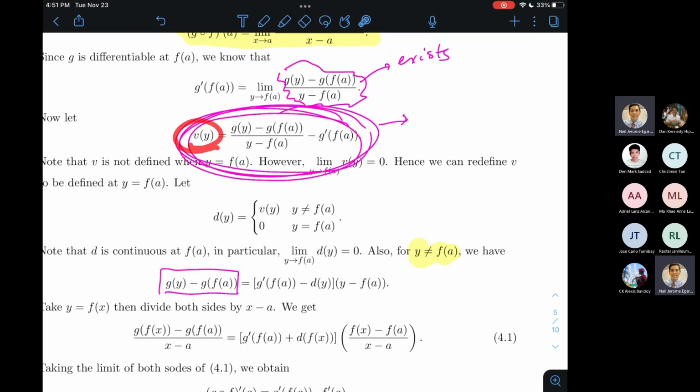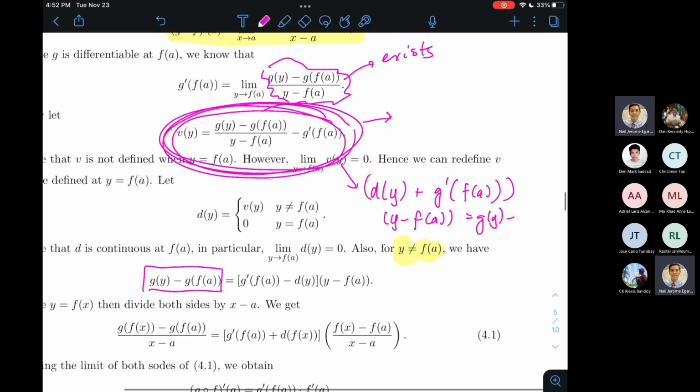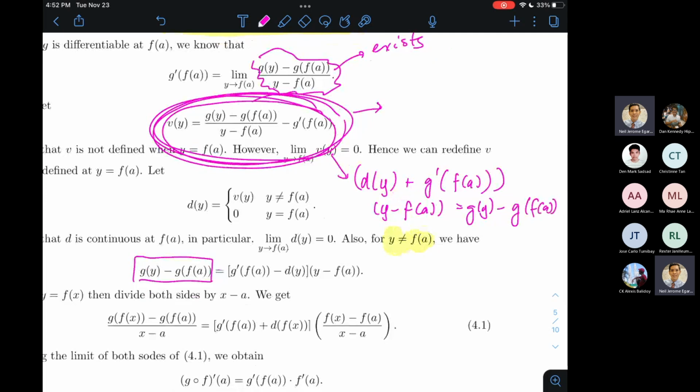So magkakaroon ng v of y plus g prime. Pero yung v of y, pwede kong palitan ng d of y kasi equal lang naman siya sa v of y whenever y is not equal to f of a. So dapat siya ay magiging d of y plus g prime of f of a times y minus f of a equals g of y minus g of f of a.